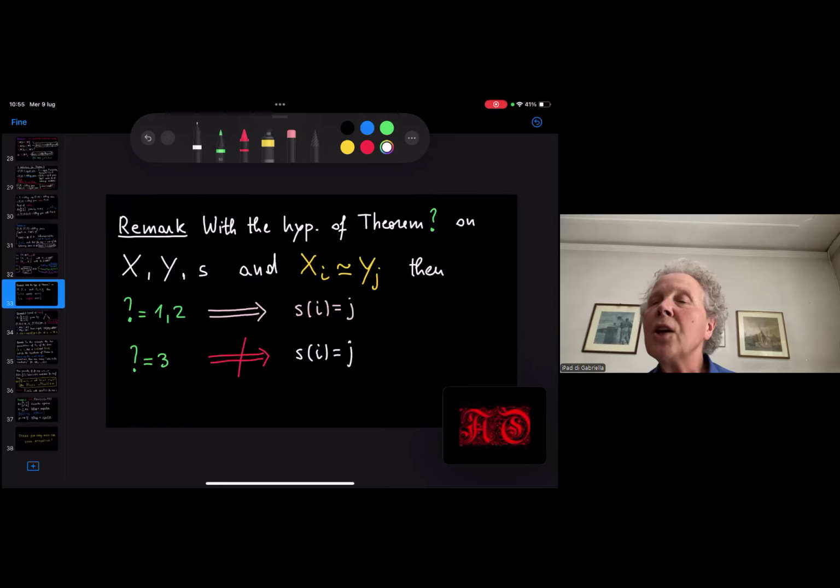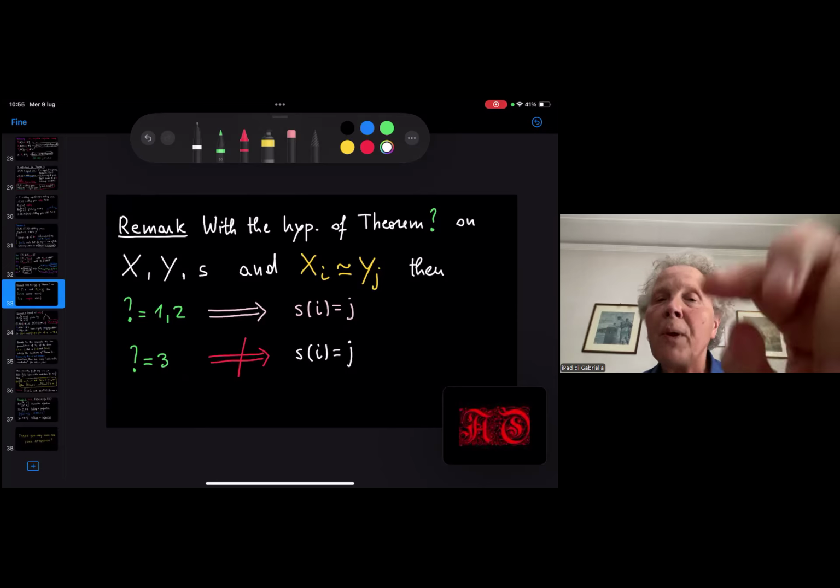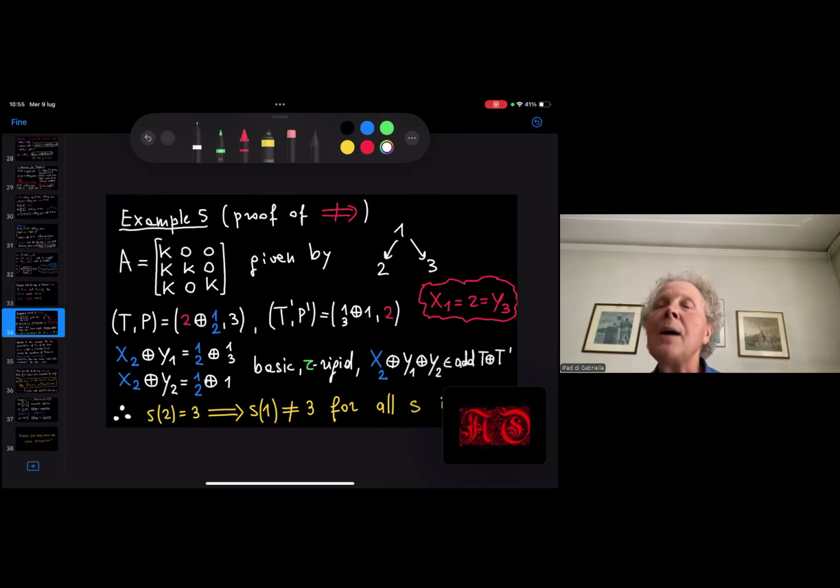A remark: with the usual hypothesis on X, Y, and S, if X and Y have a common indecomposable summand, that is, if Xi is isomorphic to Yj for some j, then in theorem 1 and theorem 2, we are lucky because we can conclude that Si is equal to j, while the same conclusion does not hold in theorem 3, and I will show you an example.